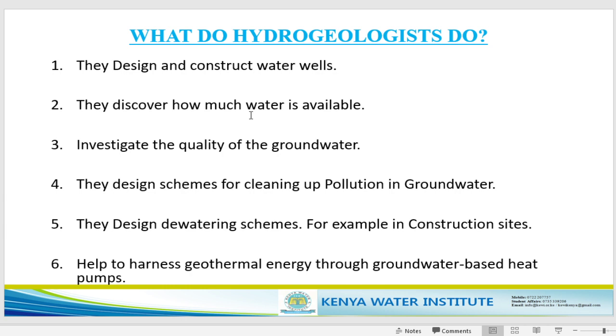For instance, if this water is polluted and it is not fit for probably agriculture, the hydrogeologist will give a design scheme of how to make it fit for agriculture, of how to remove the pollutants, the things that are making the water not fit, so that the water can be used for that intended purpose. So they will come up with that design scheme of how to clean up this groundwater.